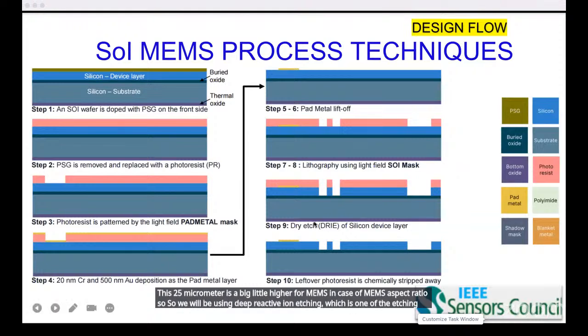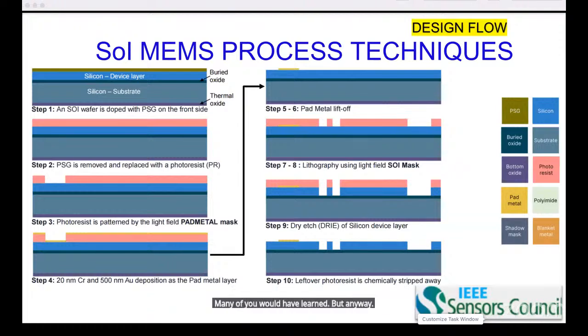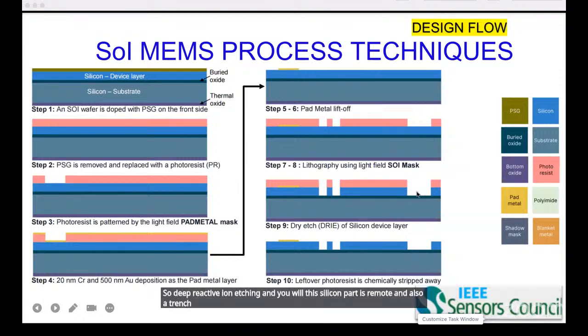I want you to do a little reading on lithography and etching. Many of you would have learned it, but if you do a little research on lithography and etching, that will be more helpful. With deep reactive ion etching, the silicon part is removed, and a trench in the silicon is created at this part.